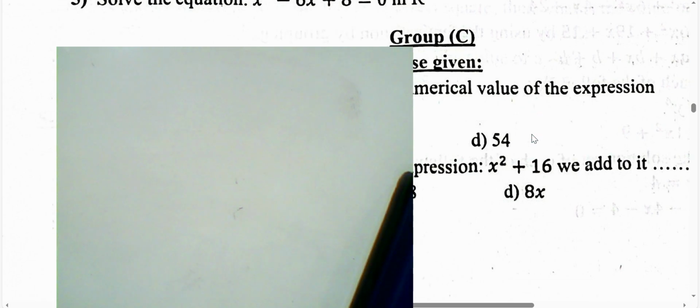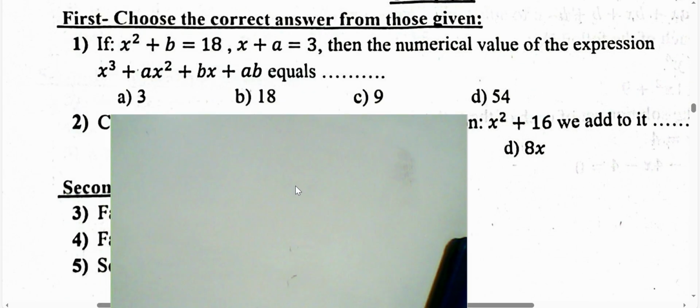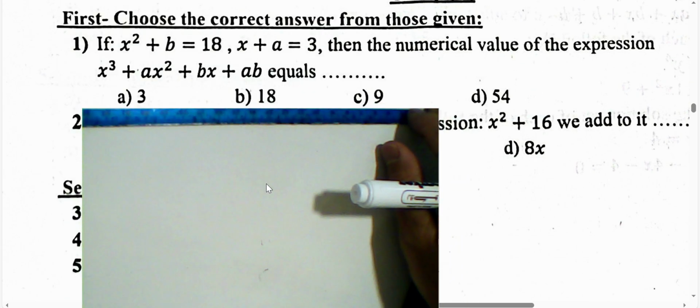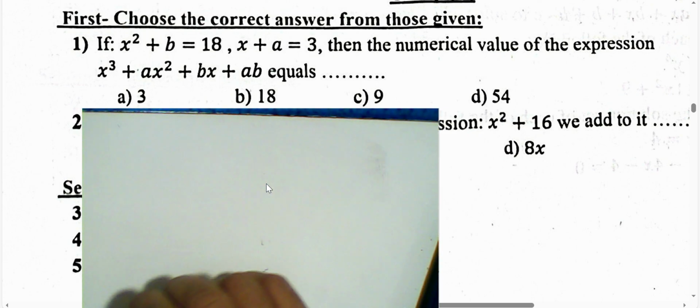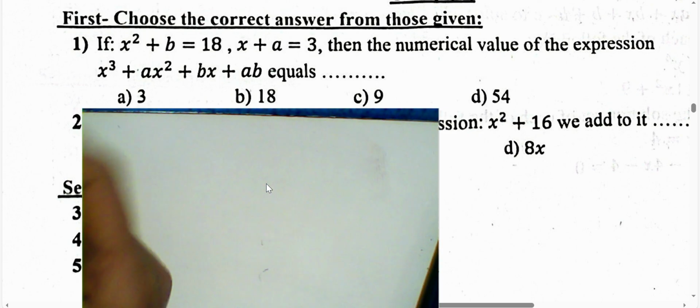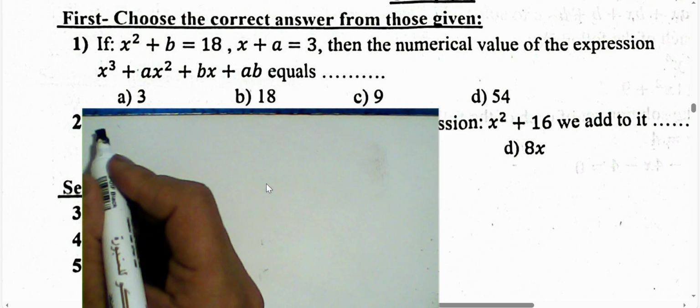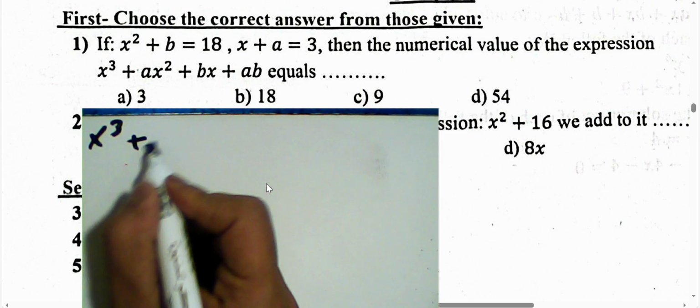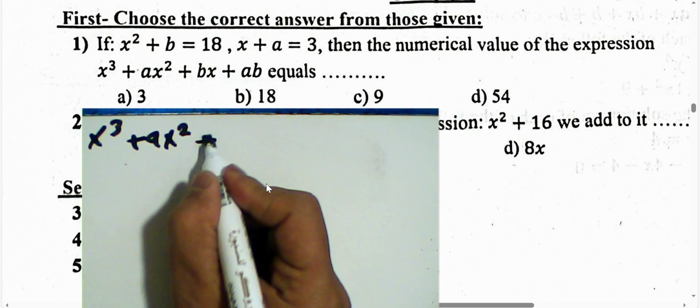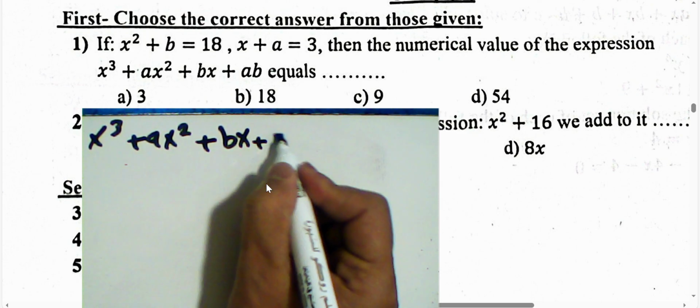Third group, C. Choose the correct answer. We have an expression and we want to find its value. If you have 4 terms, we can divide it and factorize, okay? x^3 + ax^2 + bx + ab.